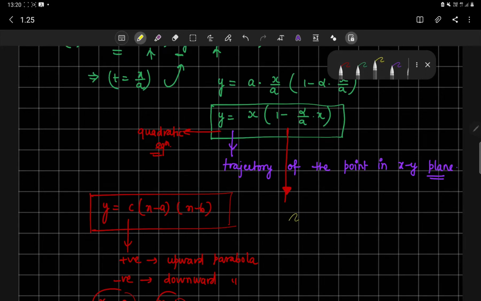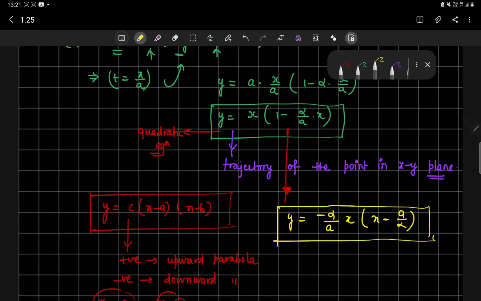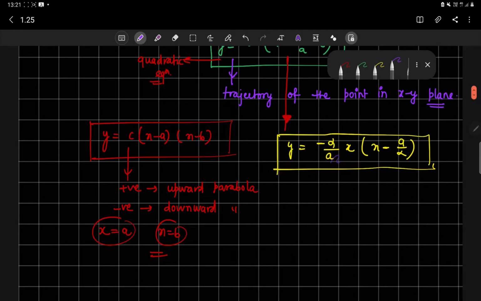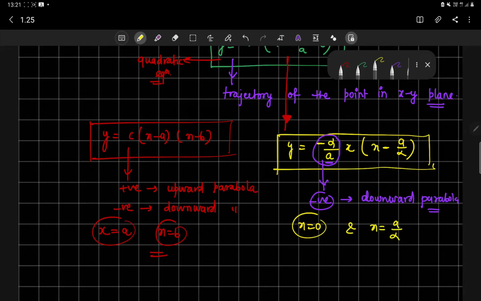Similarly, if we write this particular quadratic equation in the standard form, for that we have to take a common factor, that is minus alpha by a. So if we take minus alpha by a into x common, then we can write (x minus a by alpha). Now if we carefully look at this expression, alpha by a is a positive constant, so minus alpha by a will be negative, and if it is negative, that means it is representing a downward parabola, and the roots of this equation are x is equal to 0 and x is equal to a upon alpha.